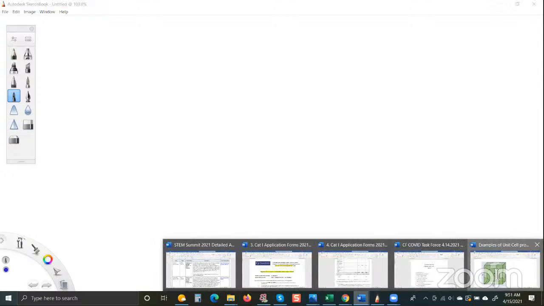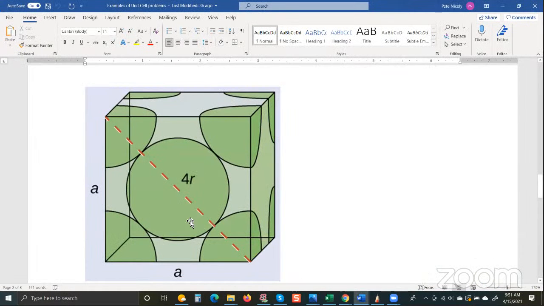Okay, so to solve for R, we have to use Pythagoras' theorem. If you go back to this diagram right here, you have a triangle where 4R would be the length of the hypotenuse.